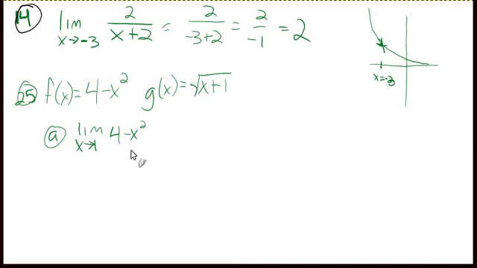Always try direct substitution. That's your best friend. If it works, then that's great, and if it betrays you, you have to find some other way to go. So put in a 1 here. 1 squared is 1. 4 minus 1 is 3. Great. Part B. The limit as x approaches 3 of g of x.